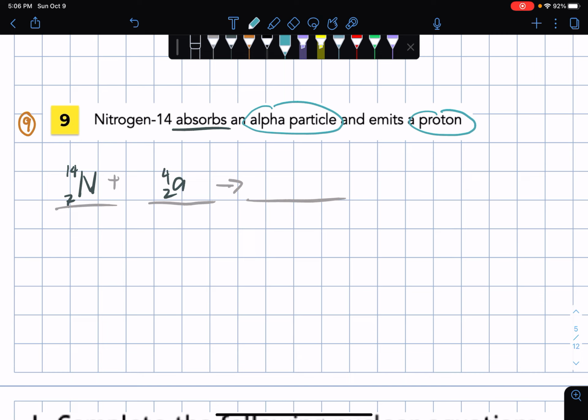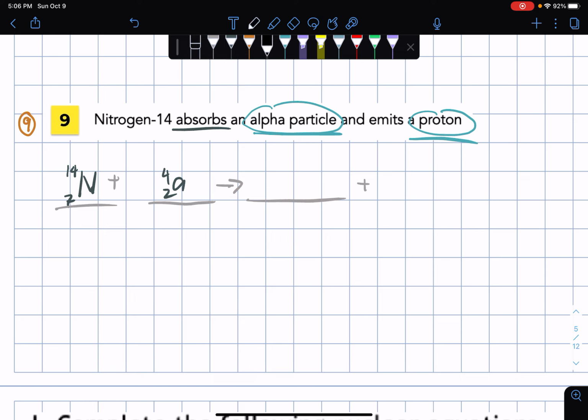First, the element nitrogen-14 absorbs an alpha particle and emits a proton. Actually wait, hang on, because this is how we write it usually.